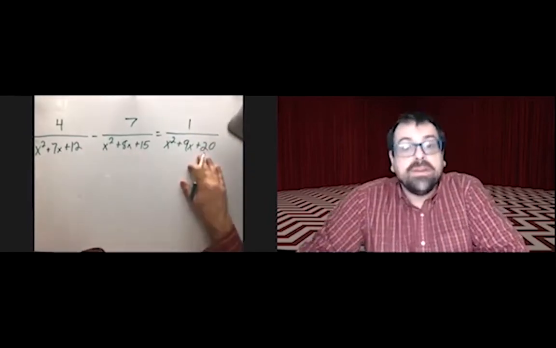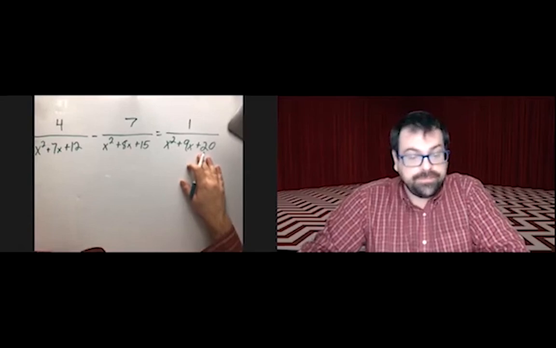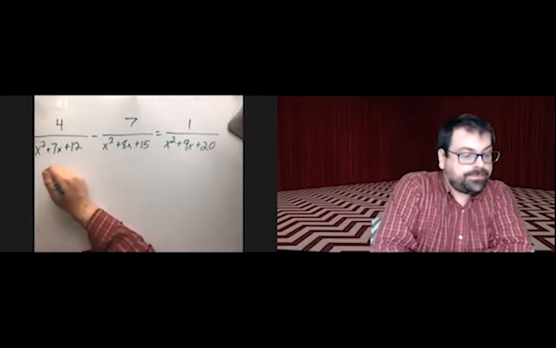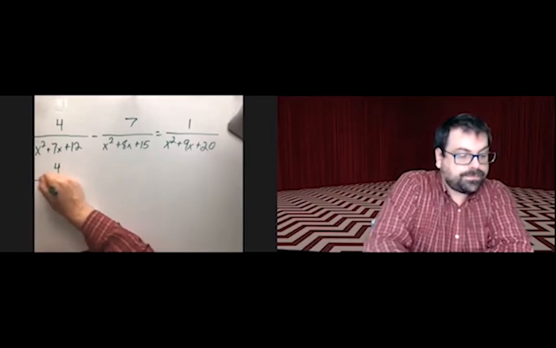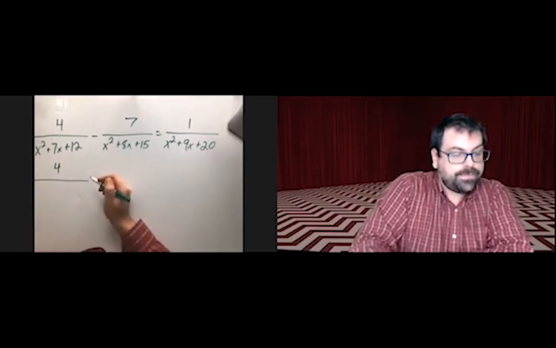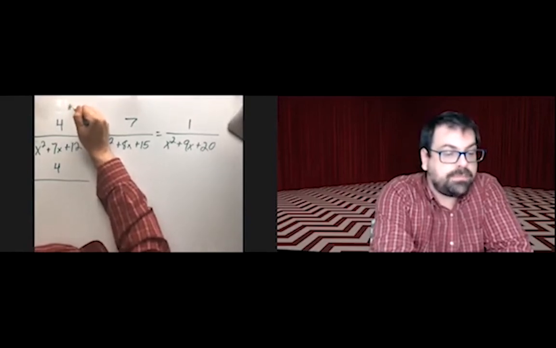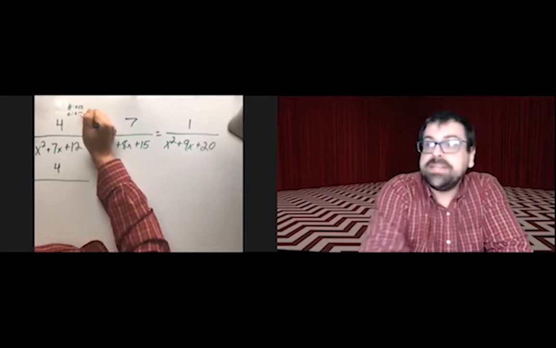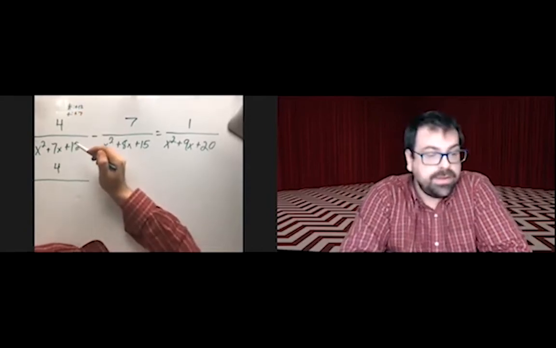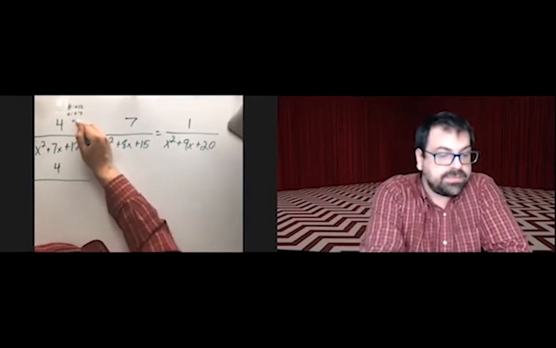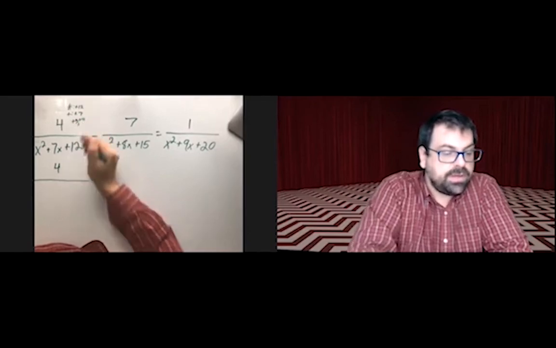All 3 denominators can factor. Numbers that multiply to positive 12 and add to positive 7. That's plus 3 and plus 4.